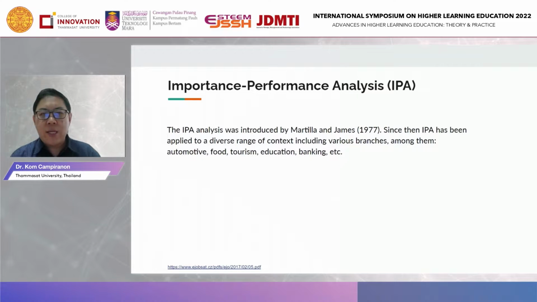So a lot of industries have been using IPA for years, and it's very simple, helping companies to understand more about the aspects of the service that they need to improve first.